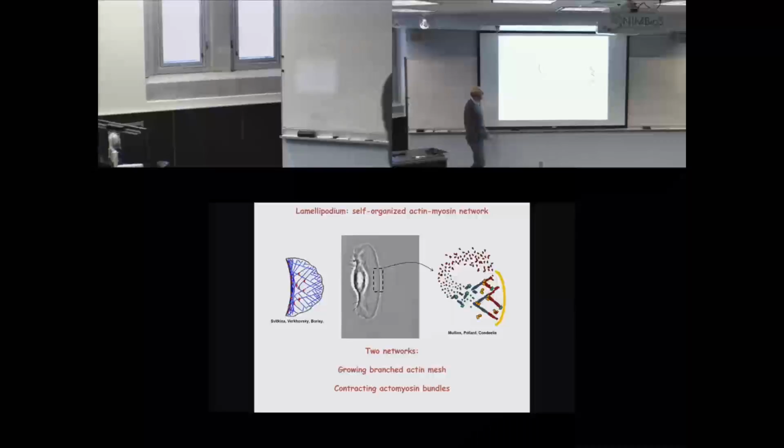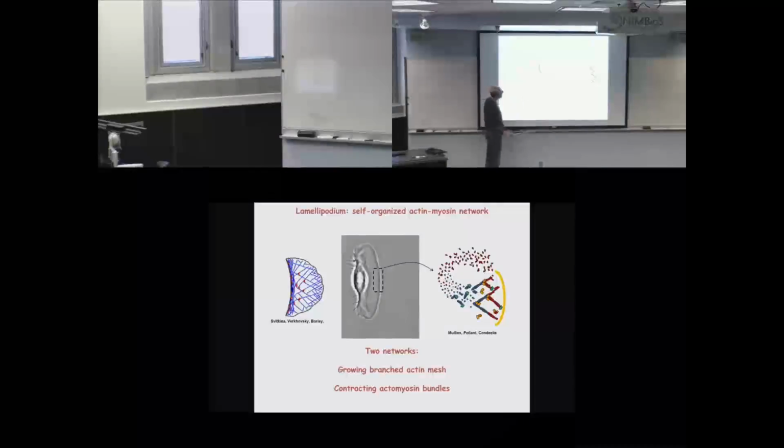So what's happening is near the leading edge of the cell, actin filaments, which are long polymers that are polar. They have plus end, which is growing rapidly, and minus end, which is disassembling. And then monomers, which are disassembling from the minus ends, are diffusing, engaged in tens of chemical reactions, and assemble again onto the plus end.